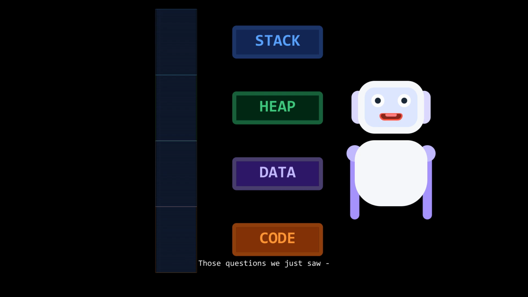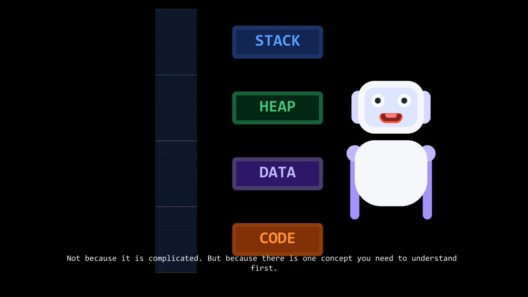Now, those questions we just saw. Where does the CPU return after a function call? Where does main's state survive while add was running? The answer to all of them lives right here, inside the stack. But here is the problem. If I take you inside the stack memory right now, it will not make sense.